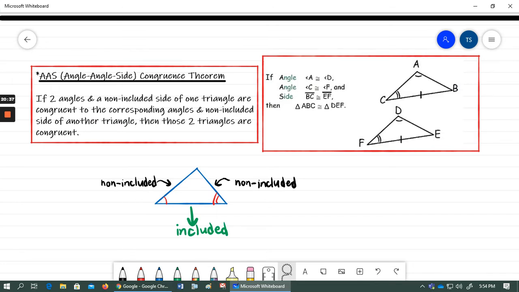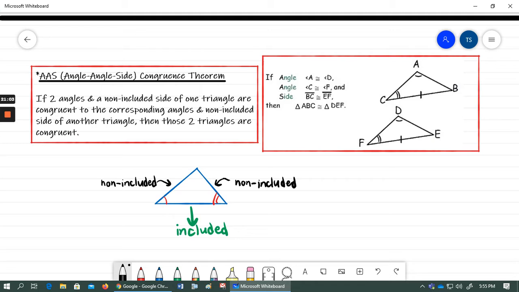Okay, folks. So this next theorem, again, that we talked about in the previous video lesson, is the angle side congruence theorem. And again, folks, this theorem, the angle side, AAS, angle side congruence theorem, states that if two angles and a non-included side.